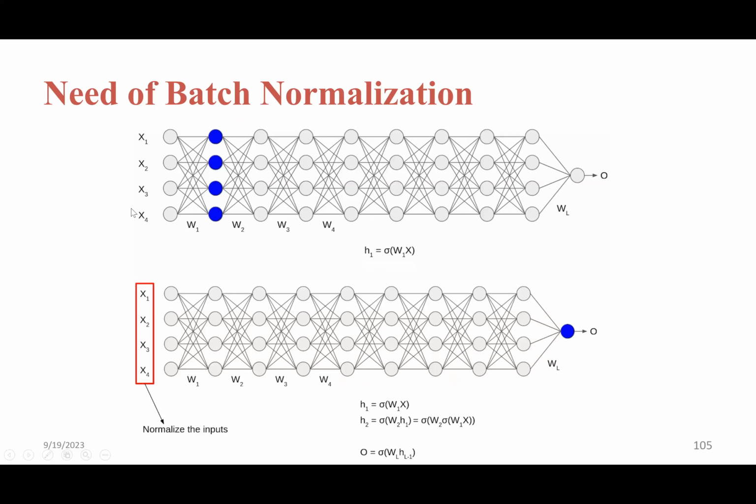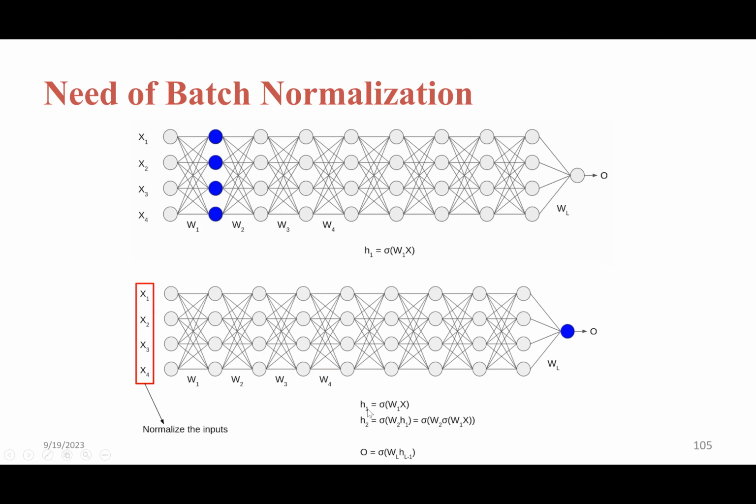You can see that the red color box shows that input values are in normalized form. Below, I have mentioned how it is transformed. Here, X is the input from the input layer. It is multiplied with the weight vector W1, and then this sigma is your activation function, and then this is the output.